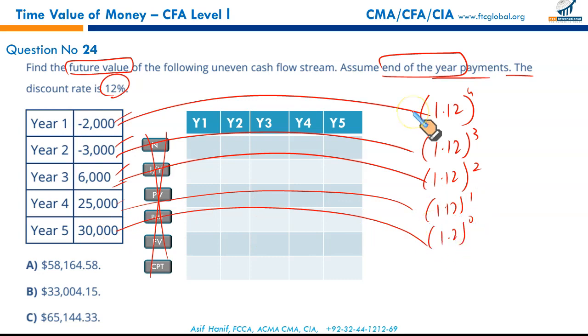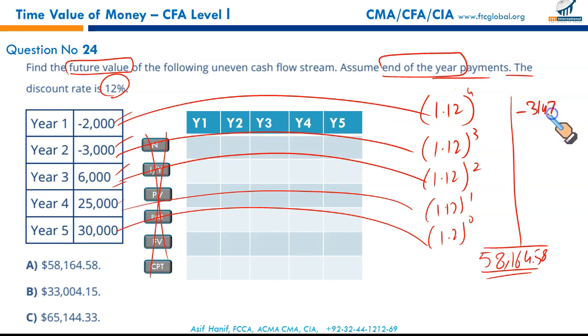Simplify these, and their sum should give you a total of 58,164.58. Remember, the first one, negative 2,000 into 1.12 raised to the power 4 will be a negative number, negative 3147. Negative 3,000 into 1.12, these are the outflows, negative 4214.78.